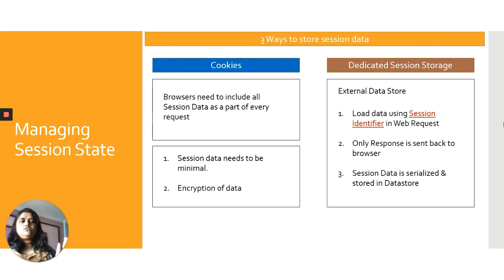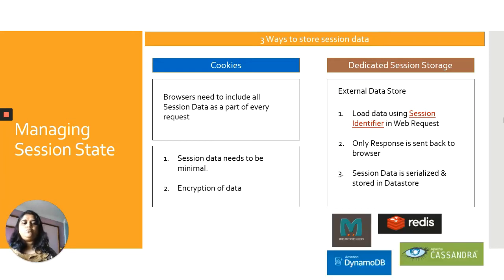This is how you can move your session storage to an external data store. There are many options that we have here. We have applications like Memcached, we have Redis, then Amazon provides DynamoDB, and we have Apache Cassandra. You can use any of these options to create a dedicated session storage.